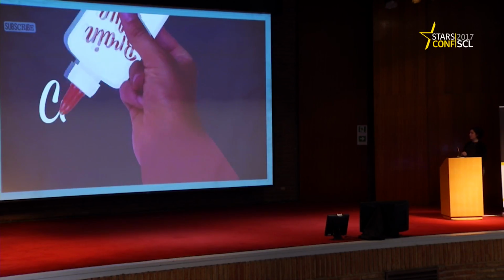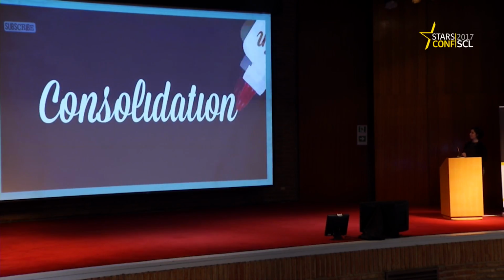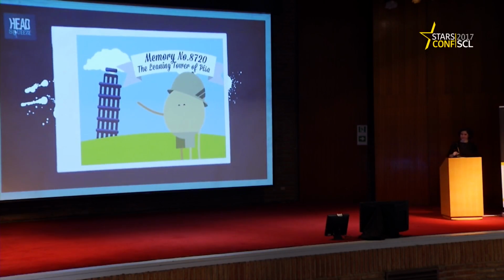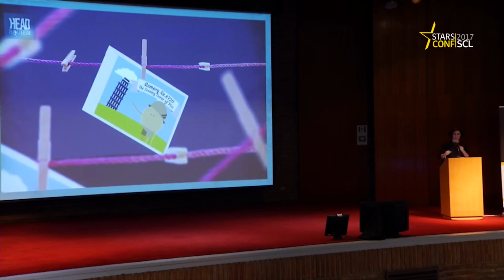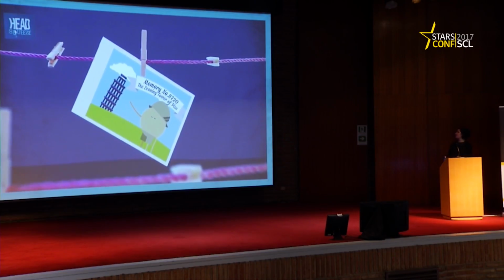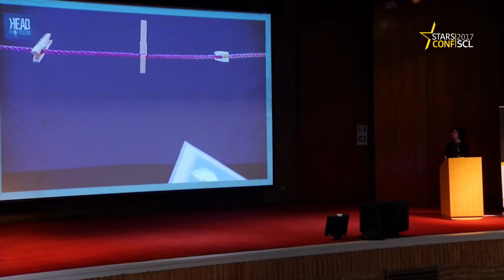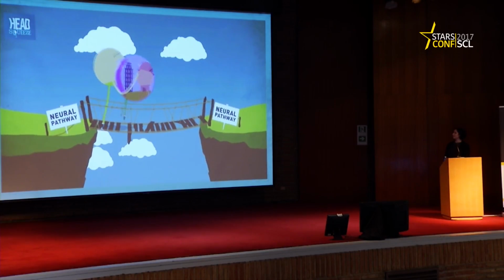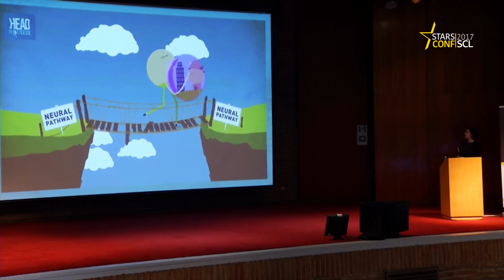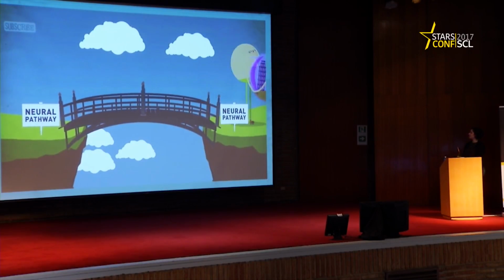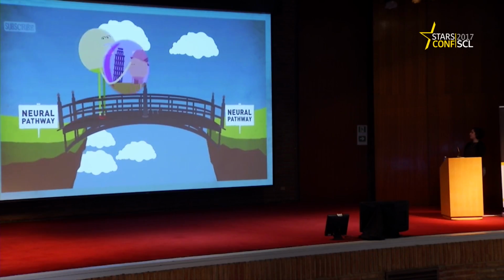Scientists call this step consolidation. But the memory is only a memory once you remember it. Which is why scientists call the final step retrieval. And retrieving a memory is actually one of the best ways you can boost your memory. Because every time you remember something, the neural path to that memory gets stronger, making it even easier for you to recall it again and again.